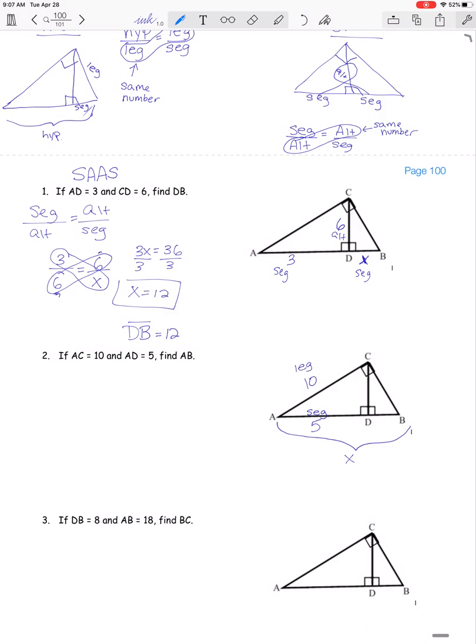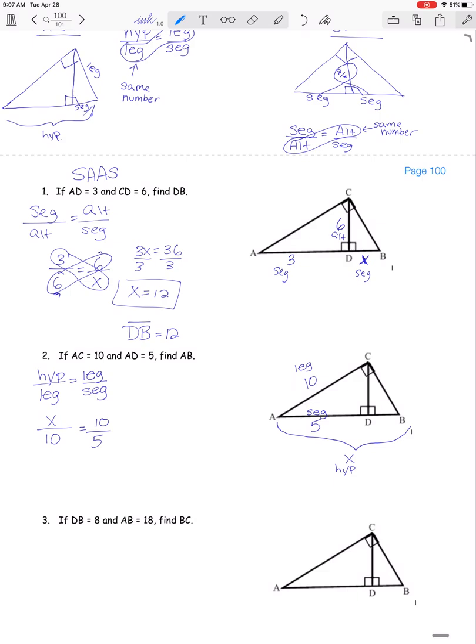We have our leg and we have our hypotenuse. So if we remember from the top, our proportion is going to be hypotenuse over leg equals leg over segment. So my hypotenuse here is x. My leg is 10. So that goes twice. And my segment is 5.